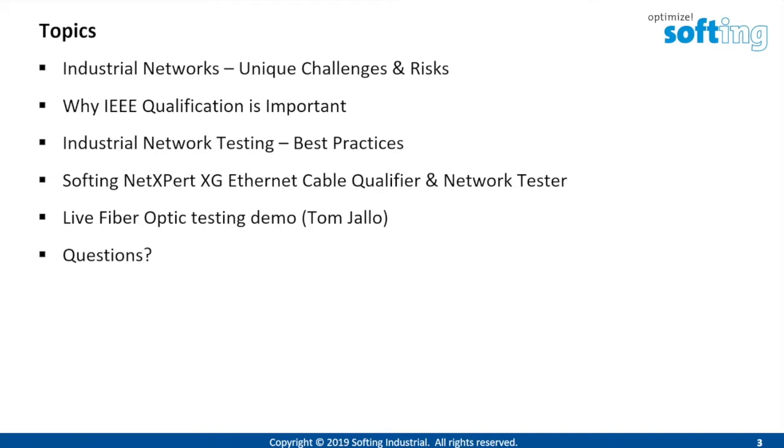Then we'll talk about some of the layer 1 and layer 2 testing scenarios, including what's known as IEEE qualification, which is doing a bit error rate speed test over the cabling to confirm operability or help in troubleshooting if there are issues. Then some best practices in general for industrial network testing.